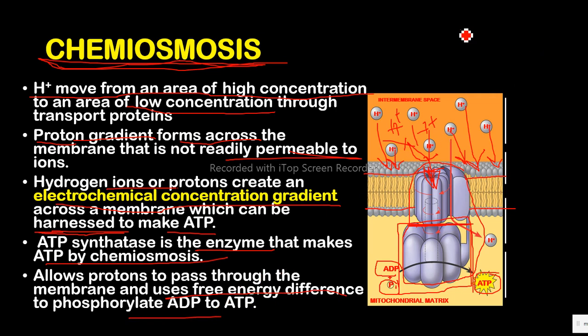I want you to assume this. If you have a stream of flowing water, and you raise the water to high heights, for instance, this is a wall, and you pump this water until it reaches the top of this wall, and then you have something here that is going to rotate, maybe a turbine.